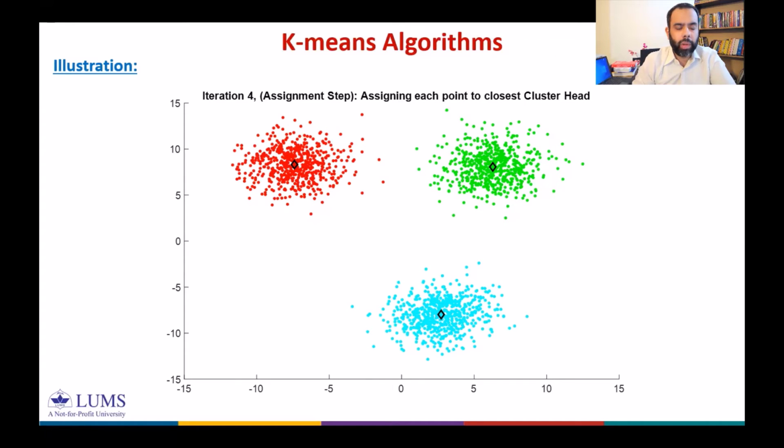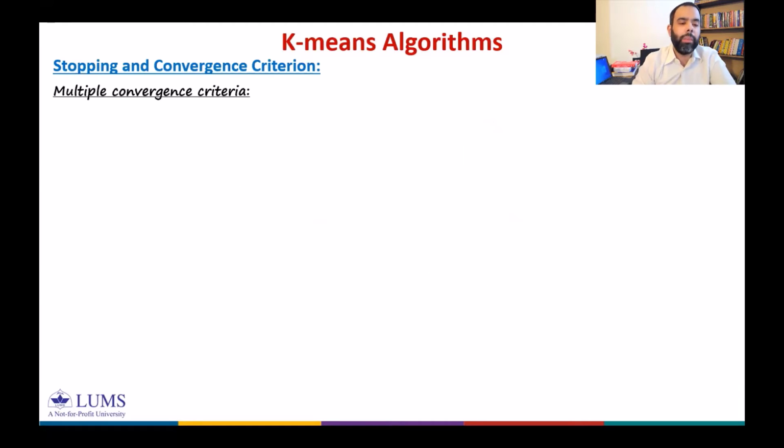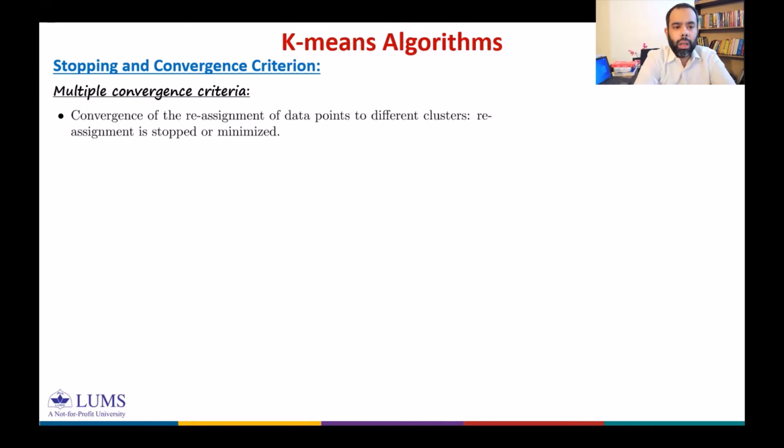So from here, we can also derive convergence criteria for the K-means algorithm. We can define multiple convergence criteria. A simple one could be the convergence of the reassignment of data points to different clusters. It means the reassignment has stopped or is minimized. So each point is getting the same cluster centroid in every iteration.